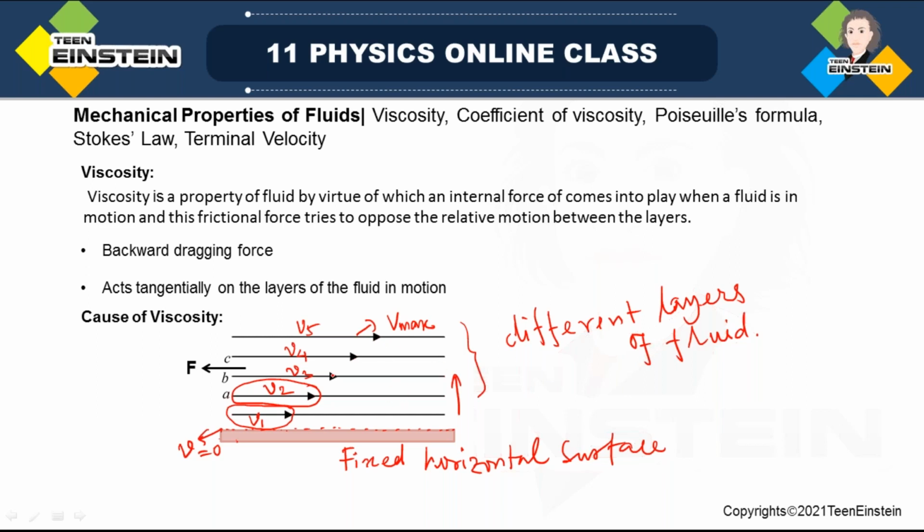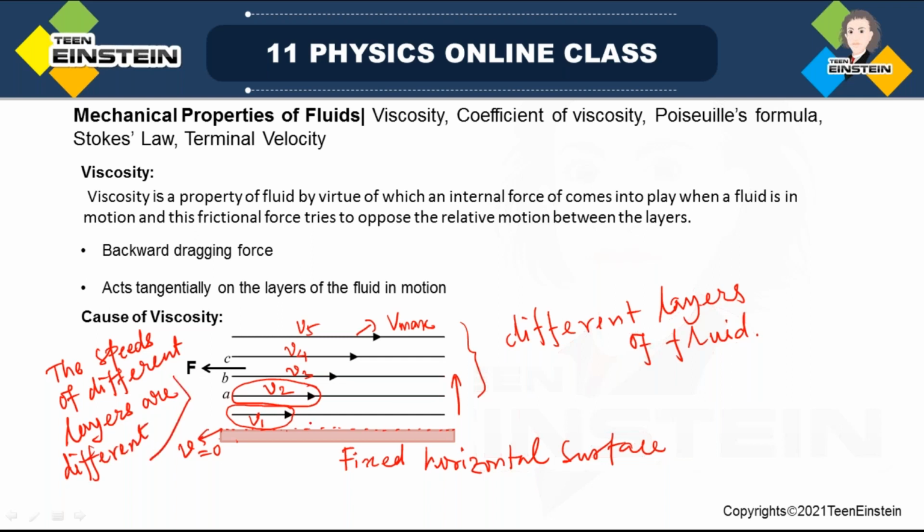So what is the understanding over here? The knowledge is that the velocities or speeds of different layers are different.